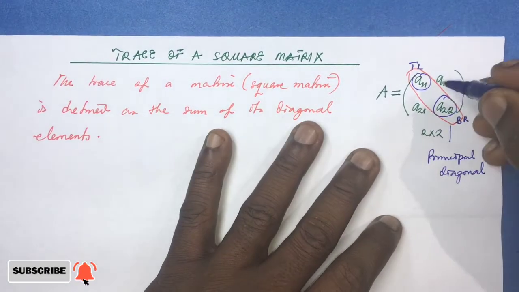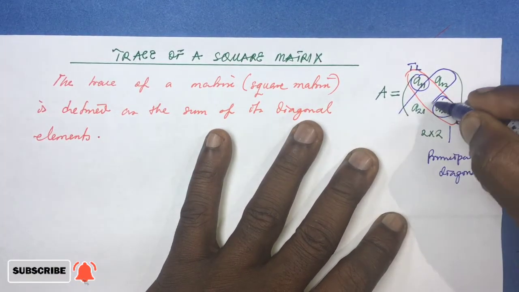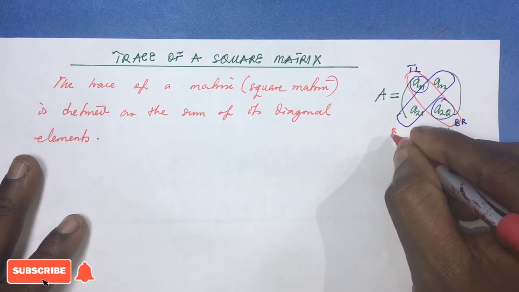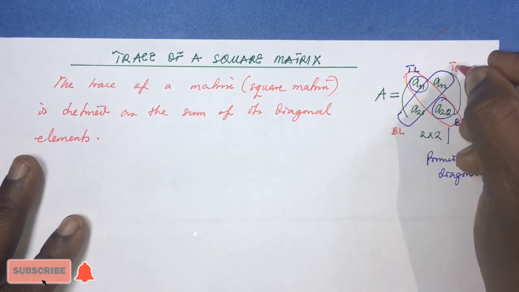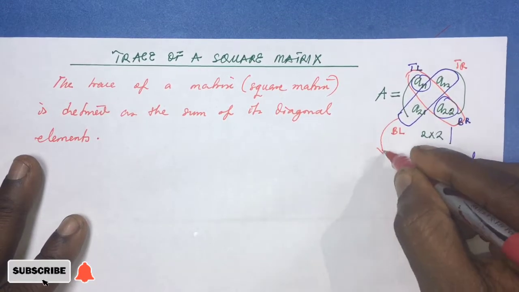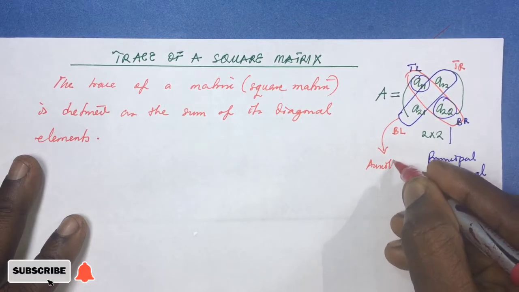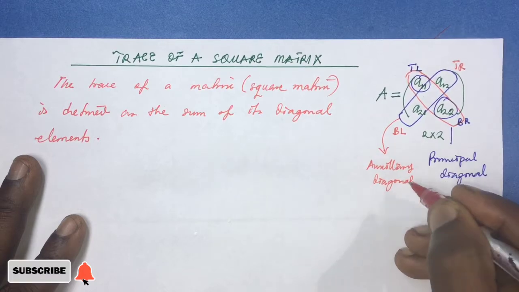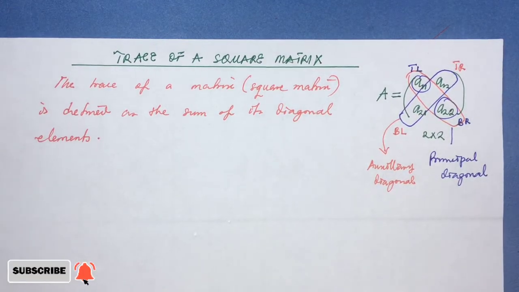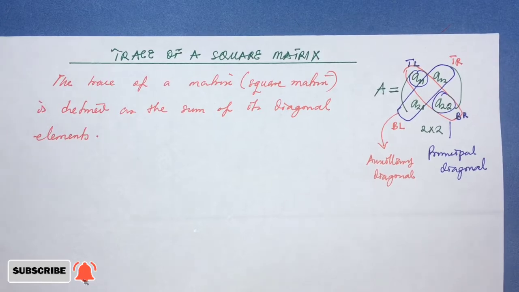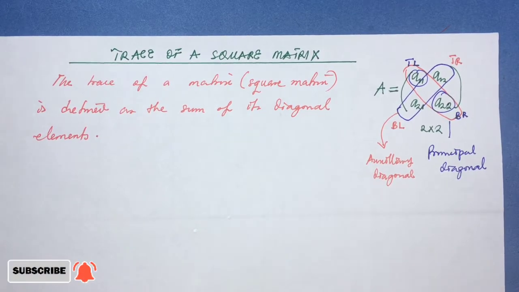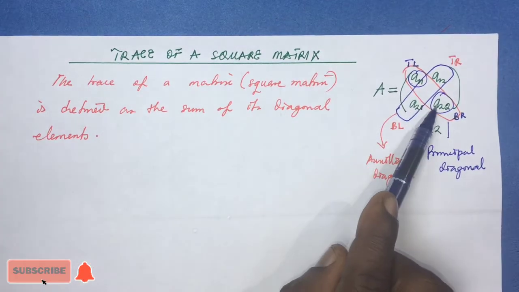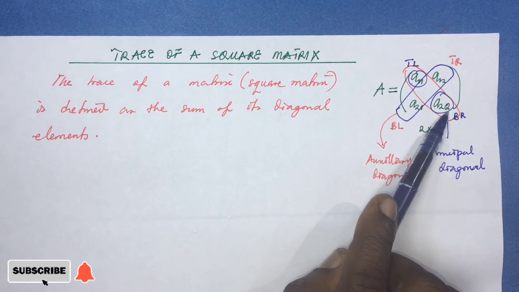And there is also another diagonal that runs this way, from the bottommost left element to the topmost right element, and this diagonal is called the auxiliary diagonal. We had done this in our earlier videos on matrices. Please watch our videos on matrices to get more information on this. What we call the trace of a matrix is the sum of these diagonal elements, the principal diagonal elements.